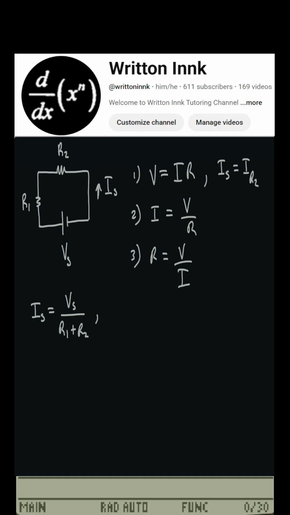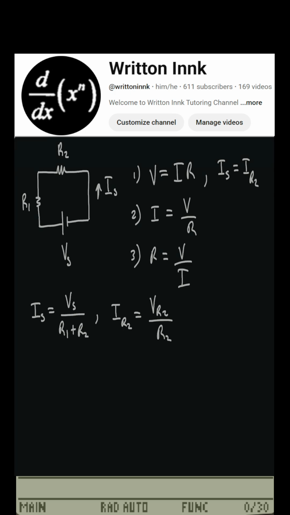If IS is equal to IR2, I can say that IR2 is equal to the voltage across R2 divided by the resistance R2.